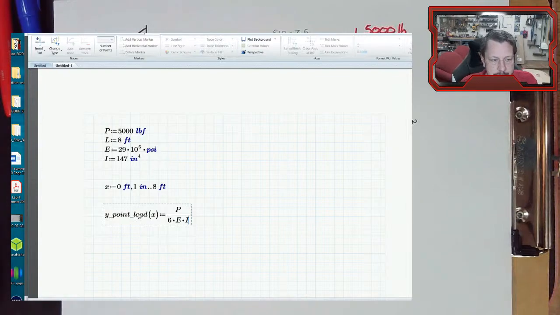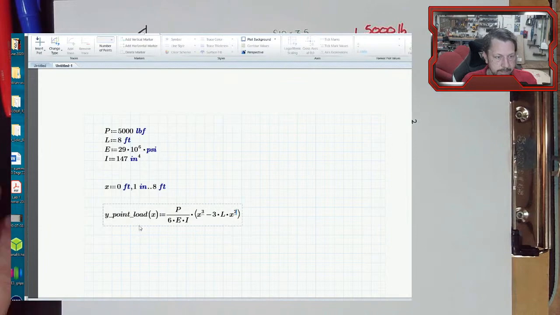So this is 6 E I in the denominator times x cubed minus 3 times L times x squared. Okay, I think that's right.